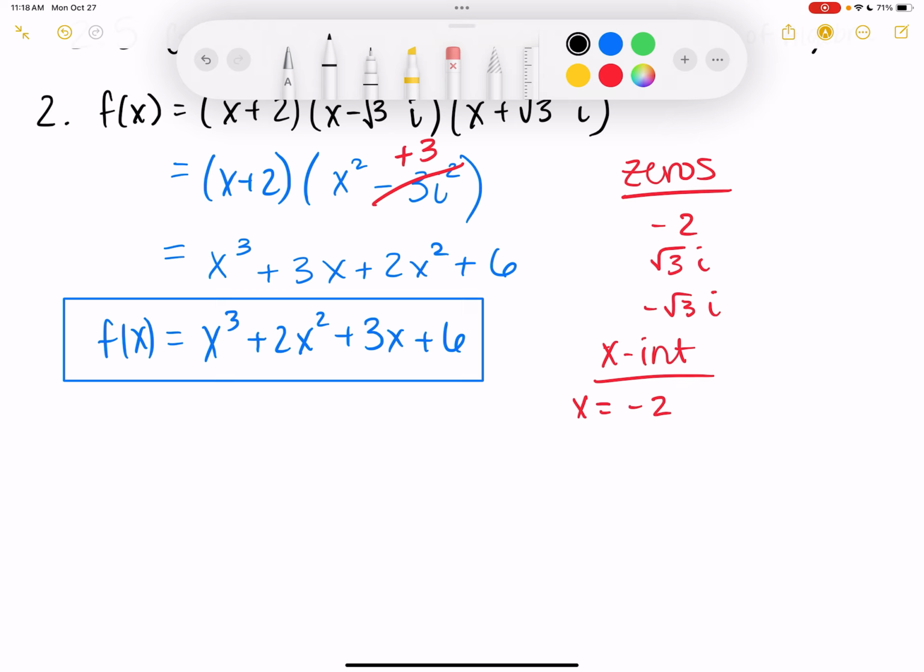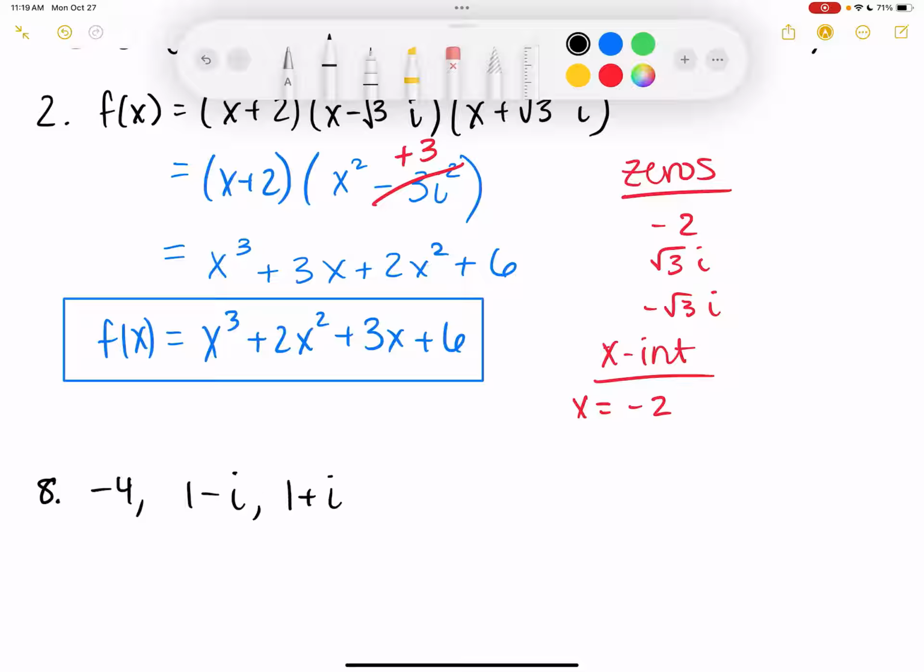All right, write a polynomial function of minimum degree in standard form with real coefficients whose zeros include those listed. But remember, if they don't give us one of them, we have to write the other one in. So number 8, negative 4, 1 minus i, and 1 plus i.